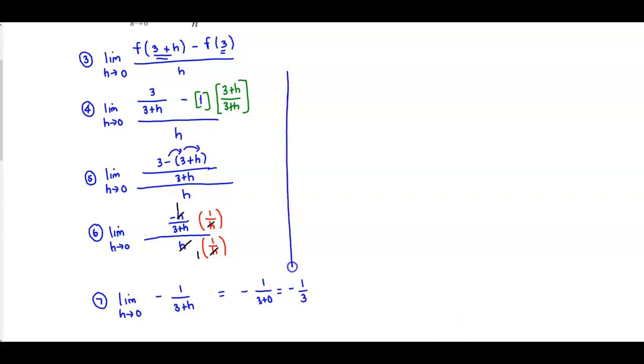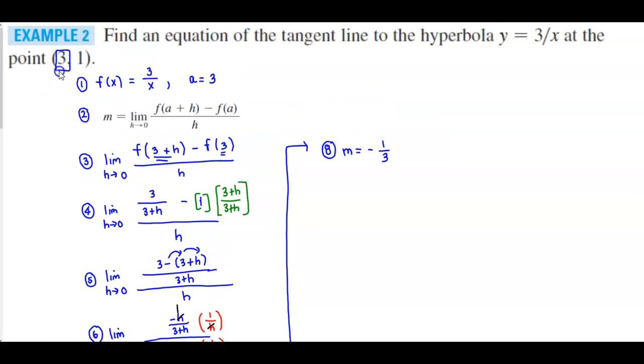Okay, so what does this tell us? In step 8, this tells us that the slope of that tangent line is negative 1/3. And we also know that the point is (3, 1). So we're going to use point-slope form, y minus y1 equals m times x minus x1.